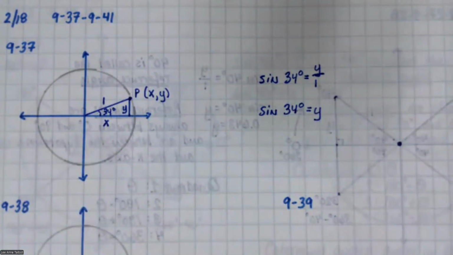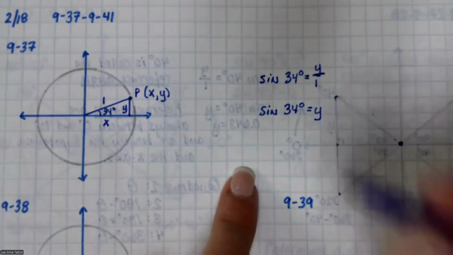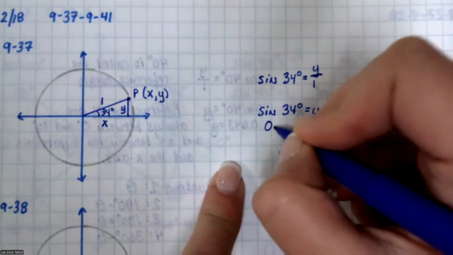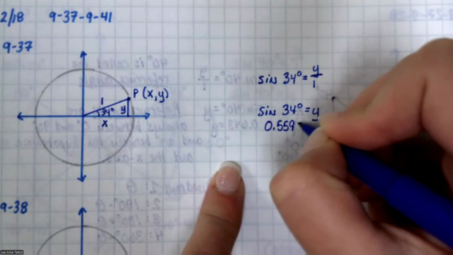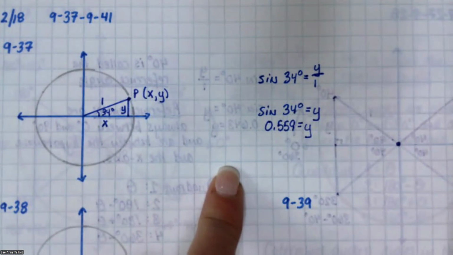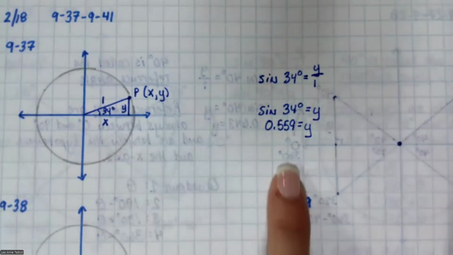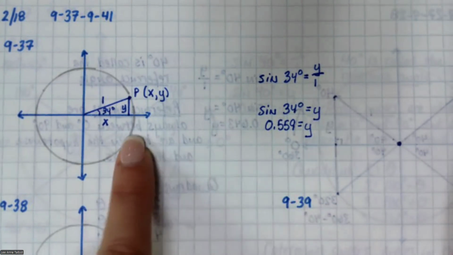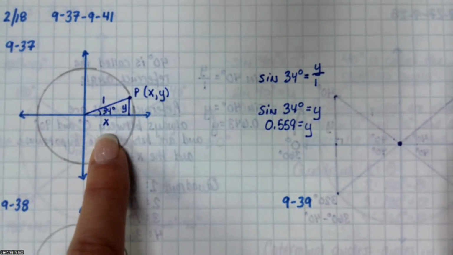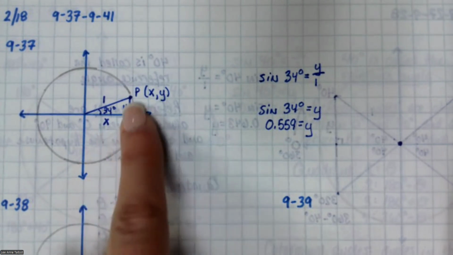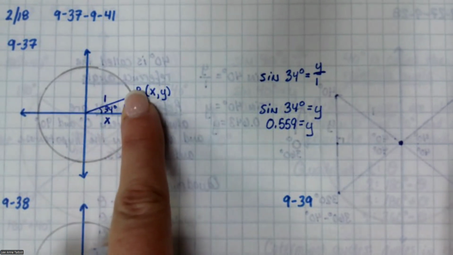And just for time's sake, is it okay if we just go with my calculation? So it's 0.559 equals Y. Okay, knowing what you know about this, what would I use to find X? Which trig function? I'm assuming I did not have a Y already, so just don't look at this. Cosine.